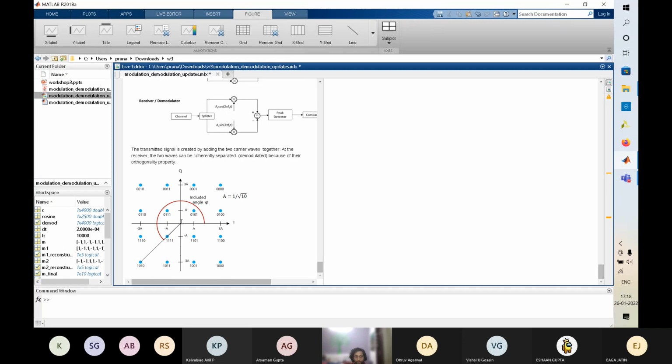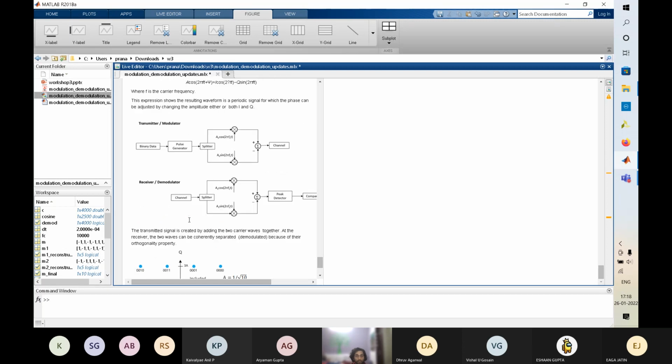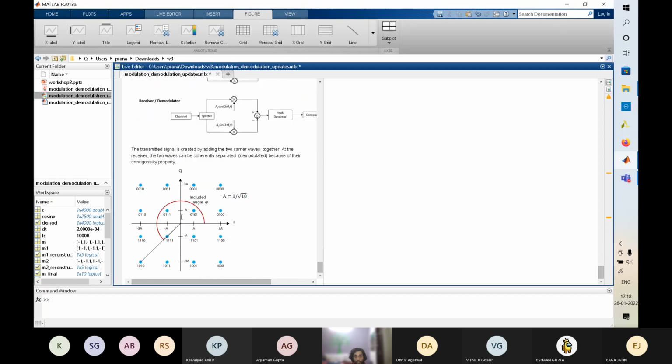So let's say if we get a signal in the first quadrant somewhere here, it is closest to 0101. So this value is used to decide what output bits we are receiving. Constellation is usually used to represent how the received signal is mapped onto a signal space. We talked about signal space in the second workshop.